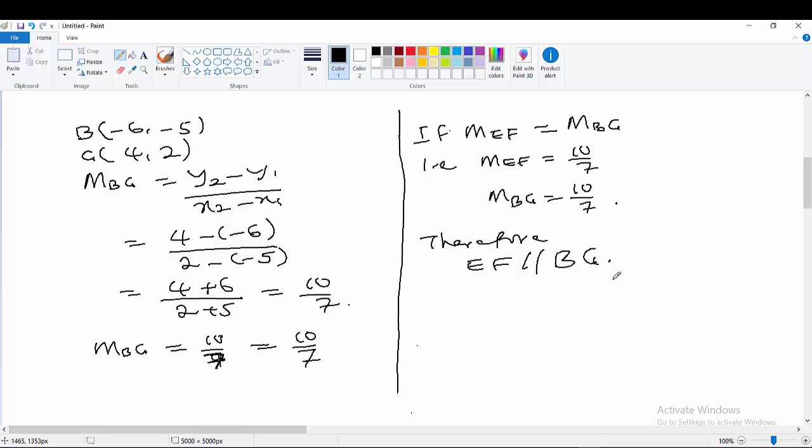EF is parallel to BG because they have the same gradient. This is proved. So this is the answer to question 3, 3.